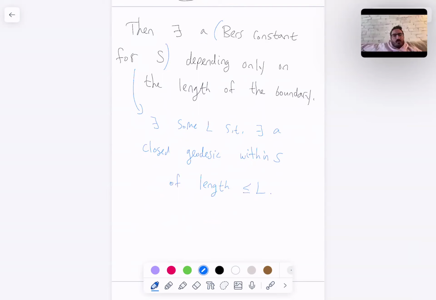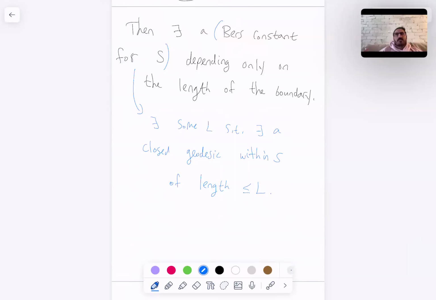Now, let's just make sure we understand. Why doesn't the same argument we use to prove the Bers lemma in the closed case work straight away without any revisions once we add boundary?